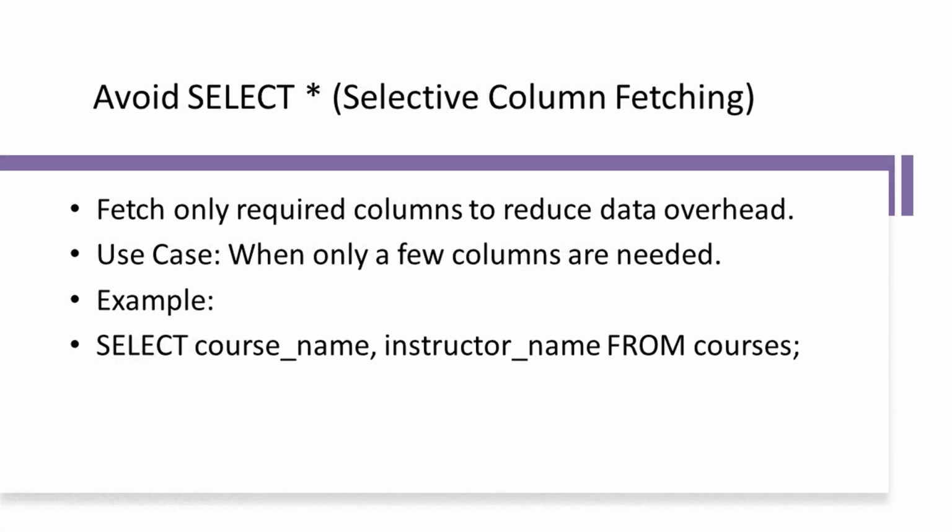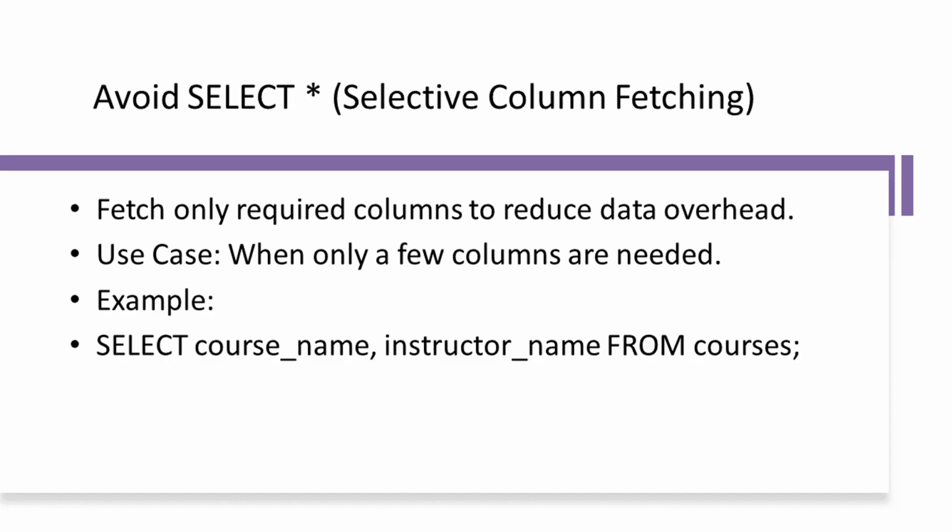Next, let me give another example. You should avoid the select all statement, or for example, use selective column fetching. A common optimization technique is to avoid using select all in queries, which means select asterisk, right? That means it's going to search the entire table. So let's try to stick to avoiding the asterisk.